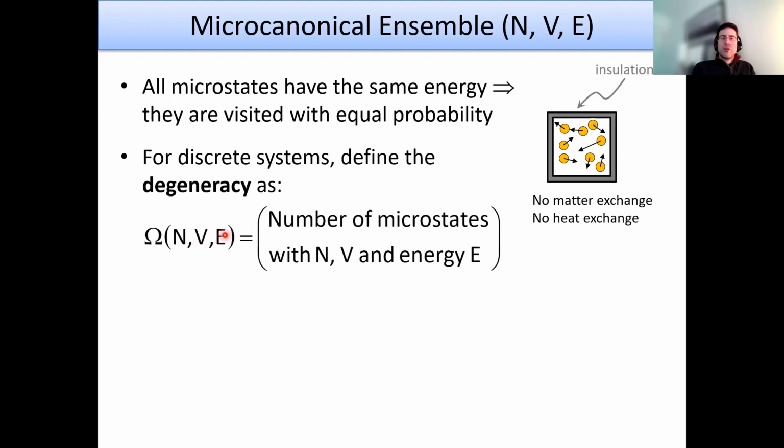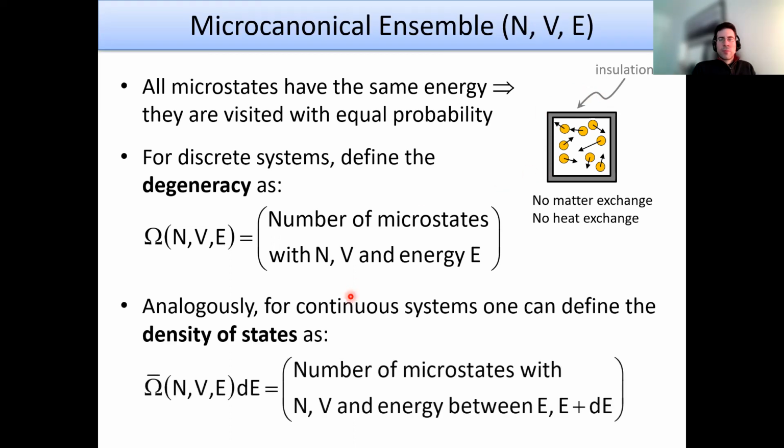So we define the degeneracy as the number of microstates with N particles, volume V, and energy E. Of course, this degeneracy is going to be a function of these three variables. In order to keep the energy and the number of particles constant, our system cannot exchange matter with its surroundings and cannot exchange any heat with its surroundings. So it's an insulated or isolated system.